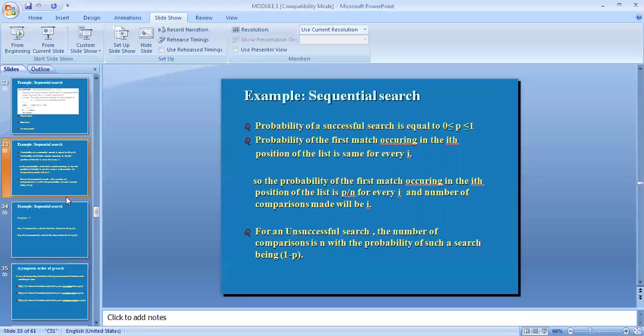The probability of the first match occurring in the ith position of the list is the same for every I, which is p over n, and the number of comparisons made will be I. For an unsuccessful search, the number of comparisons is n, with the probability of such a search being 1 minus p.